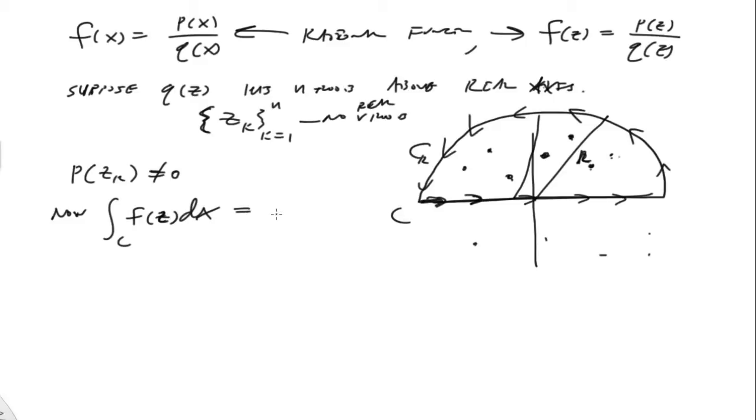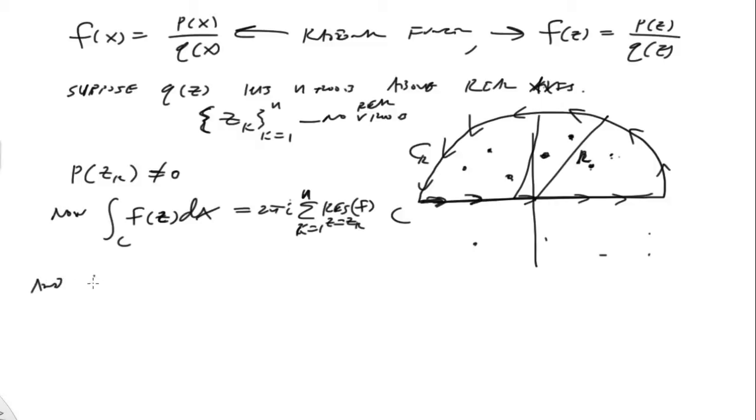Okay, so the question then is, this contour integral is going to equal 2 pi i times the sum from k equals 1 to little n of the residue of f at z equals zk. All right, so that's nice.